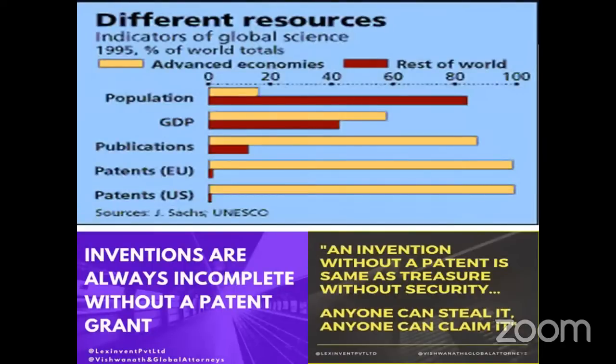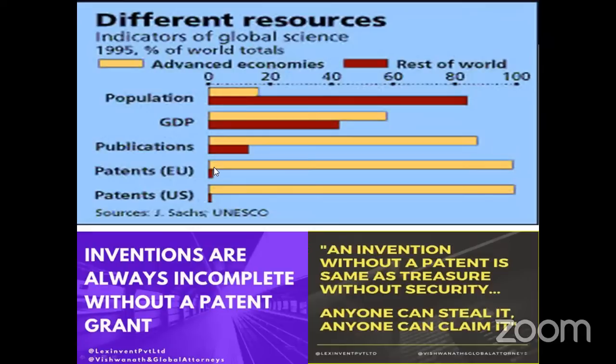The answer is here. There are only very few countries, maybe about 10, 15 countries, which are referred to as advanced economies. All others are rest of the world. Population-wise, they are very small, but the rest of the world is very huge. Publications-wise, they are very large. The rest of the world is also doing quite good. But when you look into the patents, hardly do we find any numbers for the rest of the world.